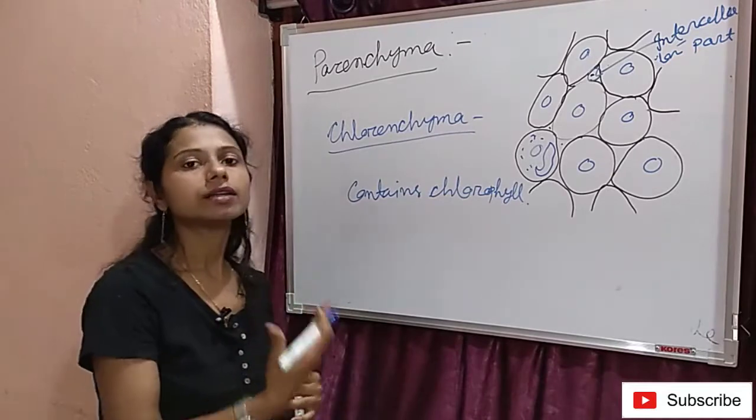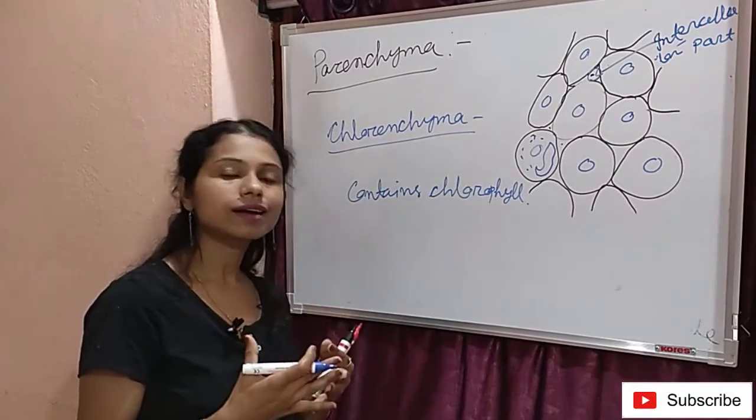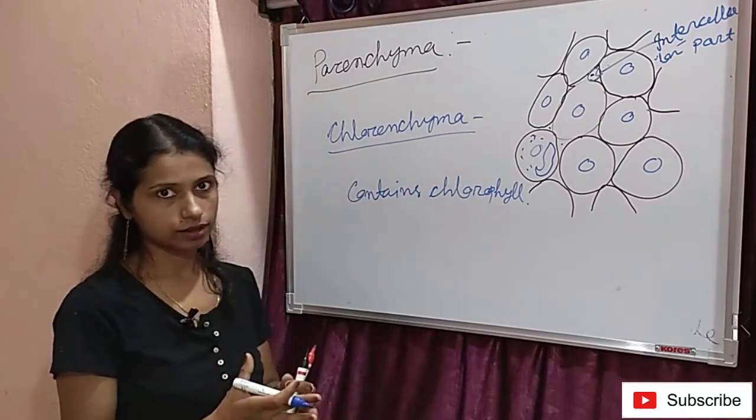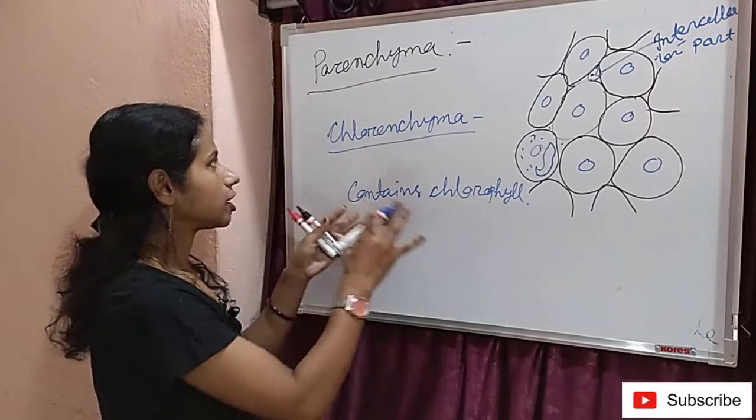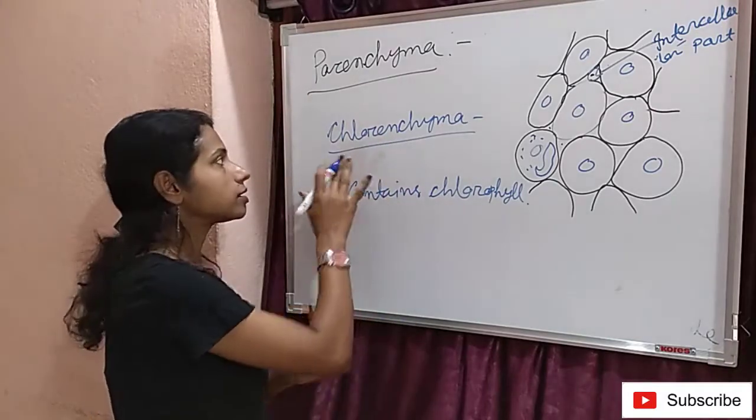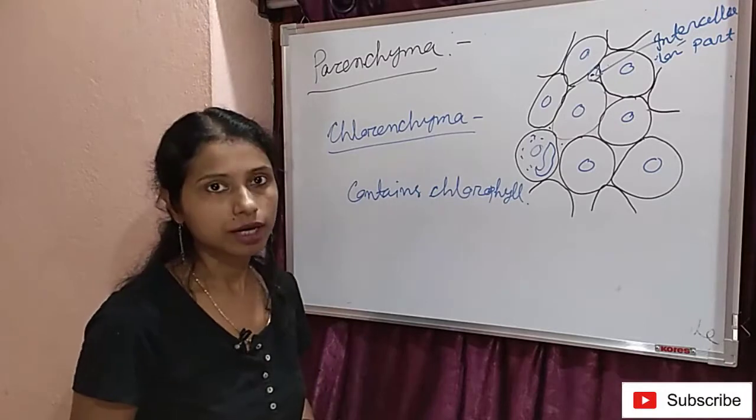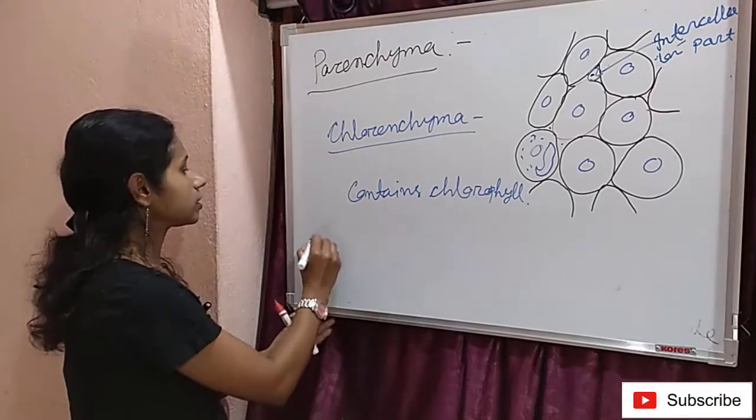Where? In leaves. So they are able to do photosynthesis. For that, the name of this parenchyma is chlorenchyma. Understood? Next one is aerenchyma.